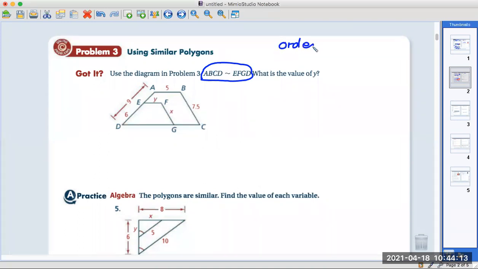I'm going to put that on top. Always don't forget, wherever you start writing your ratio, you got to come back to that one. And we're going to write a proportion and solve with y in it. So one of the spaces will have a y. And then we have to solve that proportion.